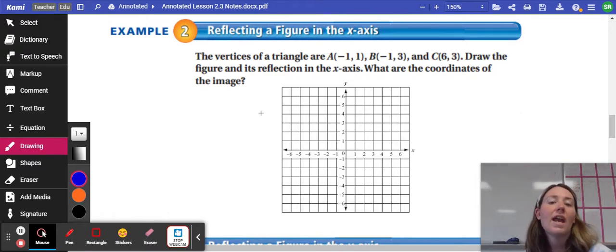Okay, so the vertices for A, B, and C. The first is at -1, 1. When I plot the point, I'm going to label it as A. The next one is at -1, 3. I'm going to label that B. And the third point is at 6, 3.